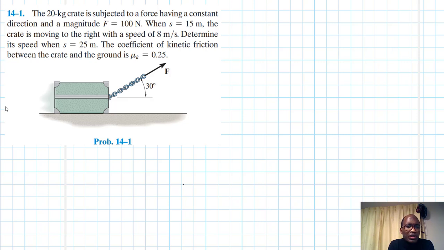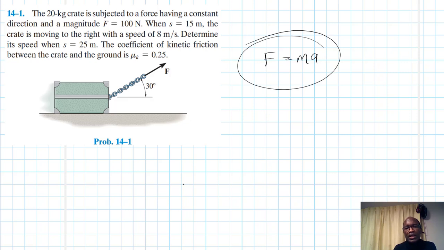We have a crate that has a mass of 20 kg, and this crate is subjected to a force having a constant direction and magnitude of F equal to 100 newtons. So we can assume that this constant direction also applies to a constant magnitude. And we know that F is equal to ma.